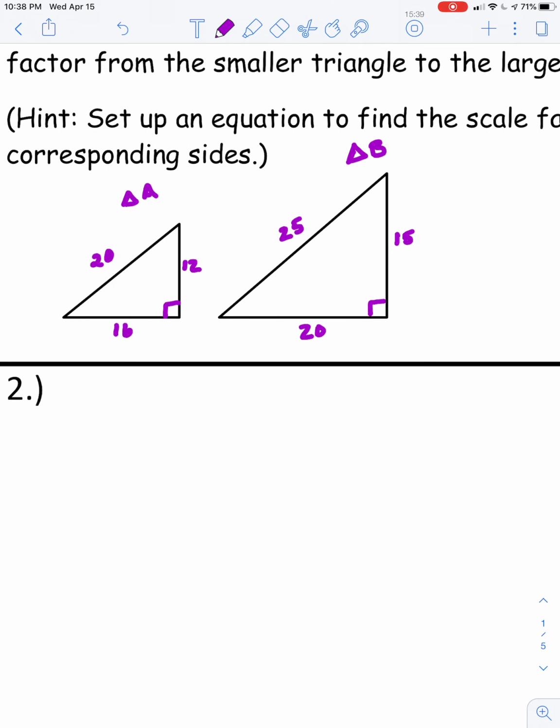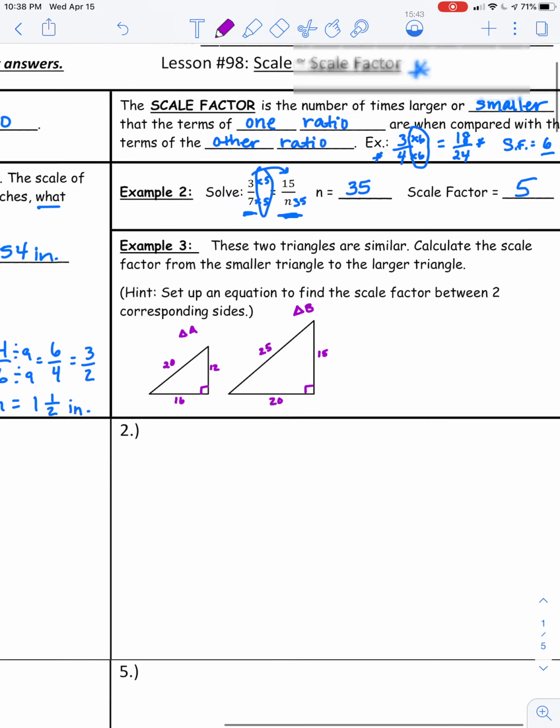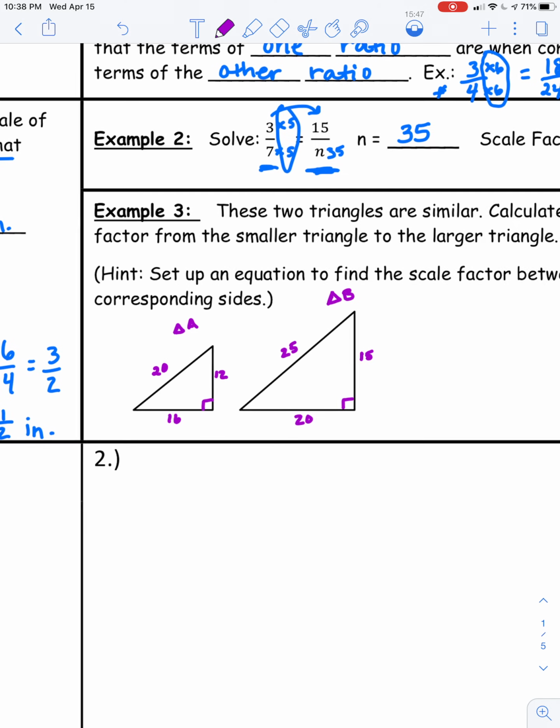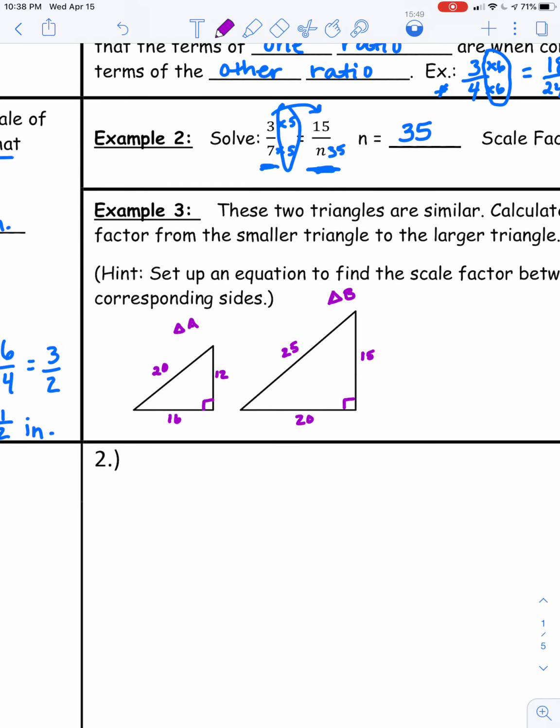Okay, now we want to try to figure out what the scale factor is here. And so we have to kind of look at each side. Now remember, they're similar, so that means that my sides are proportional. But the problem is I can't look at any one of my sides that correspond.